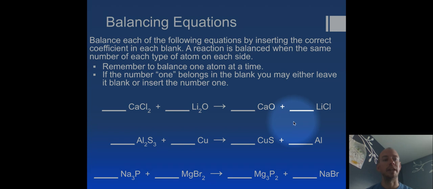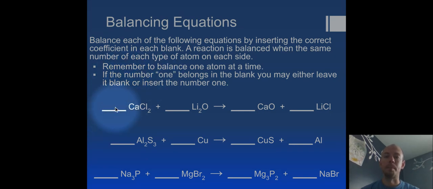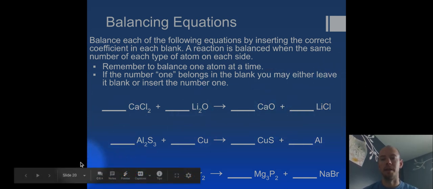And sometimes you can get it right the first time. We balance one atom and one element at a time. You can put a number 1 anywhere when that's already balanced. Or what you'll see me do, and what you'll see on some of the practice we have you doing, is if it's just blank, that means there's already a number 1 there.